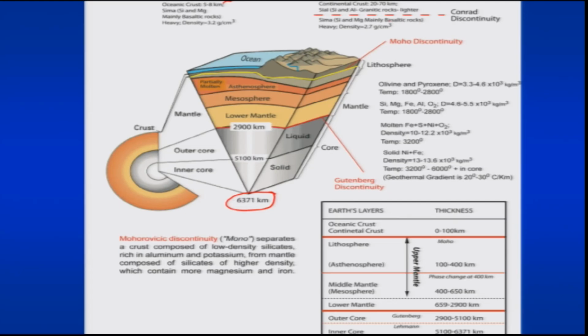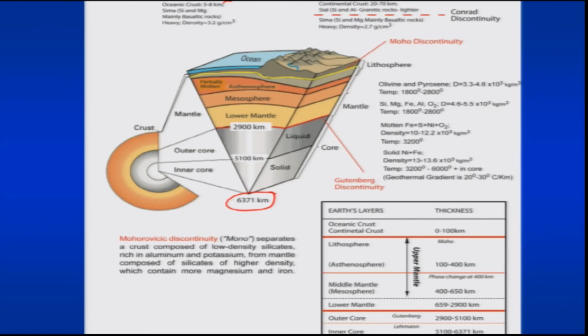Of course, we have further lighter ones comprised of silica and aluminum, which we call SiAl, mostly granitic rocks, found in the continental crust. We also have the slightly heavier ones which we call SiMa, mainly silica and magnesium.